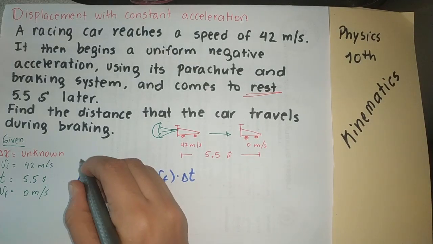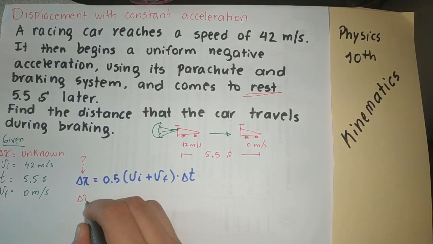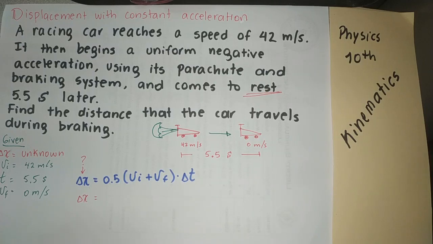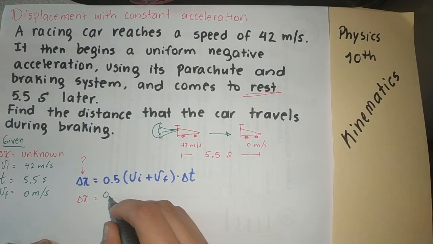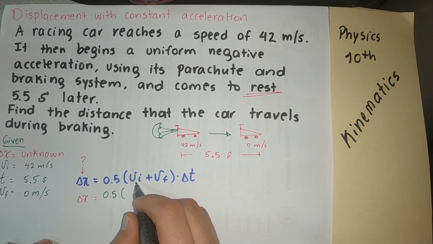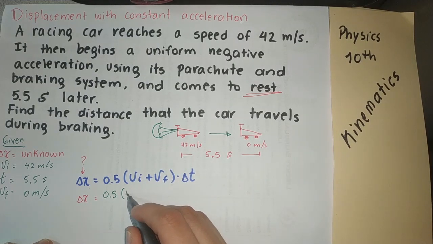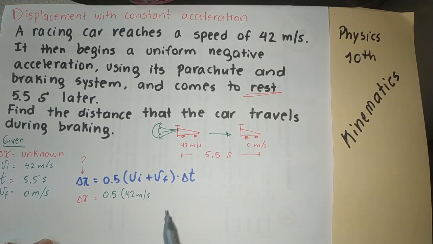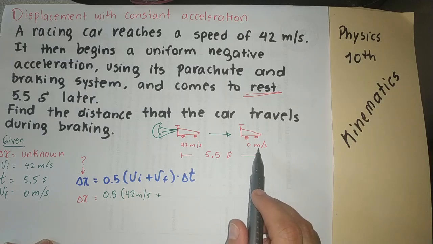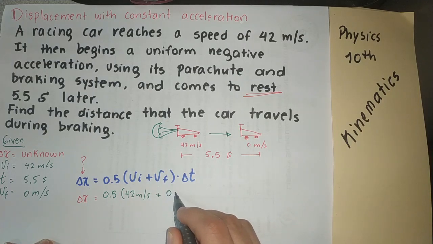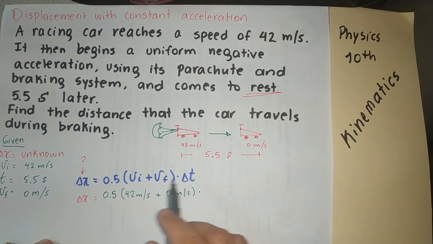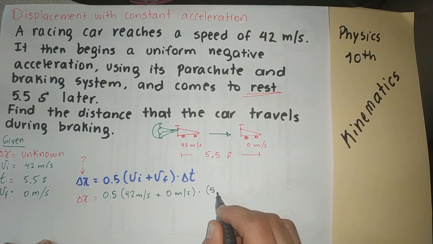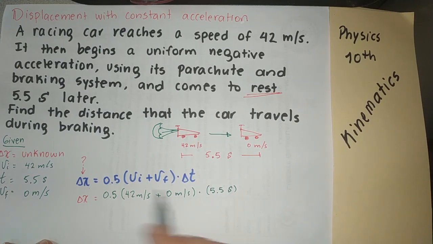We need to look for displacement, so delta x equals 0.5 times initial velocity, 42 meters per second, plus final velocity, 0 meters per second, times the time, 5.5 seconds.